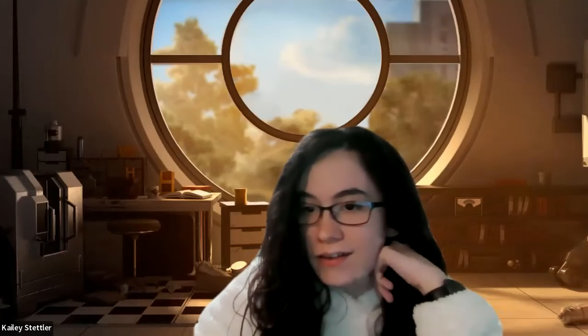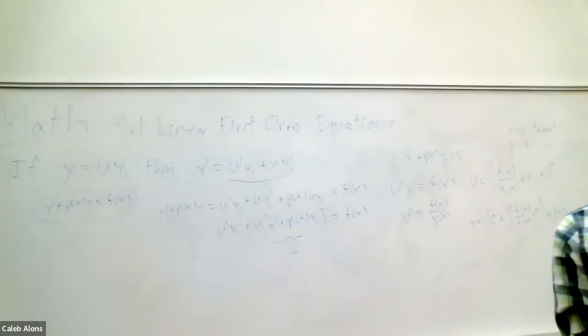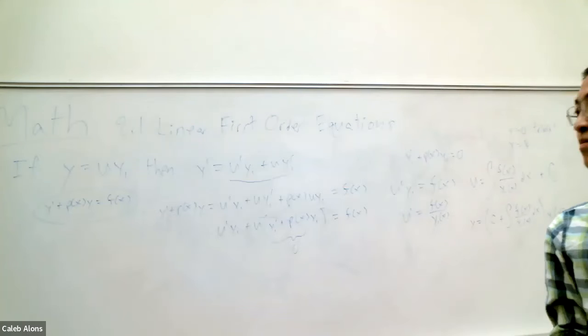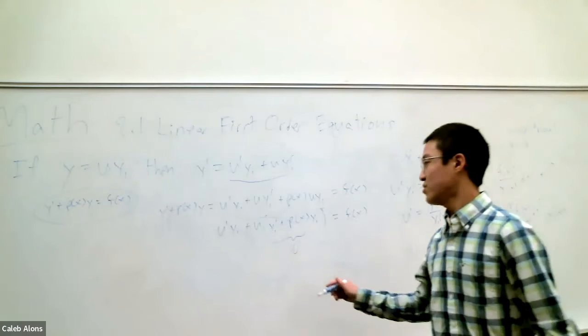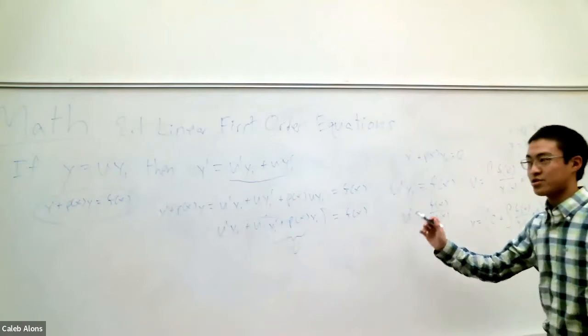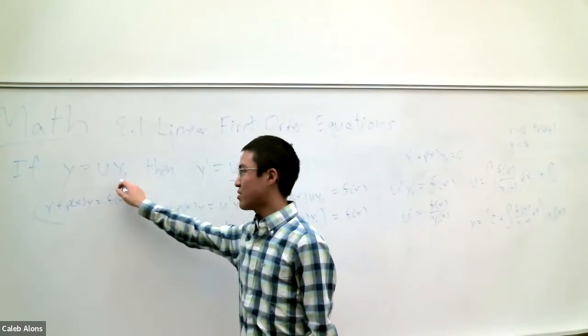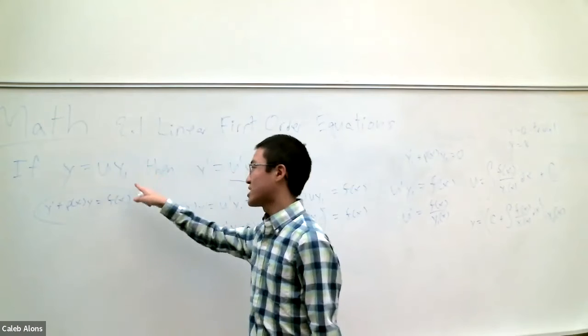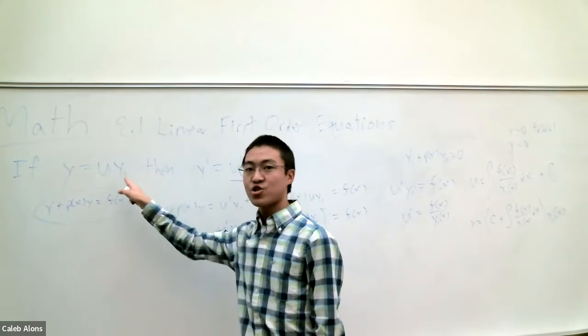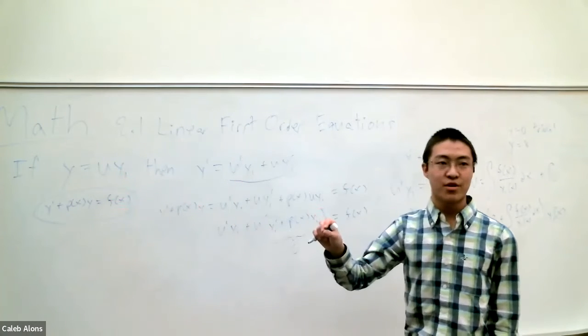Thank you. Because we started with y is equal to u y1, but what actually is u and y1? Like, where did this come from? So u is a function that we had to solve for, but y1 is a more anchored concept. This is explicitly a solution to the complementary equation.